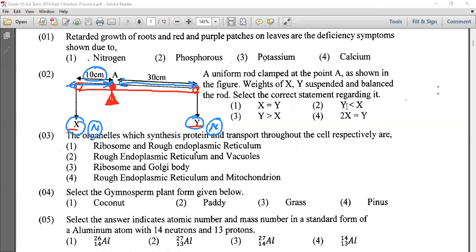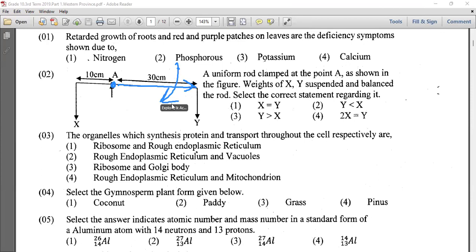Now they are asking what statement would be true regarding the weight X and weight Y. Though it looks inclined or slanted, they say that the object is at equilibrium. That means it is balanced. That means the clockwise moment about the point A can be balanced by this anti-clockwise moment.